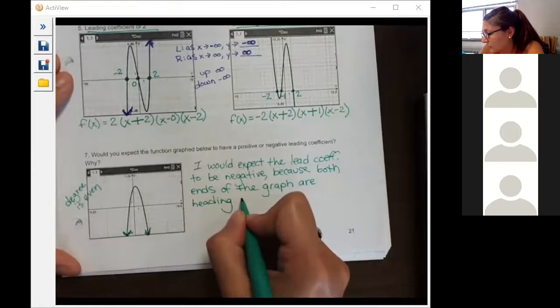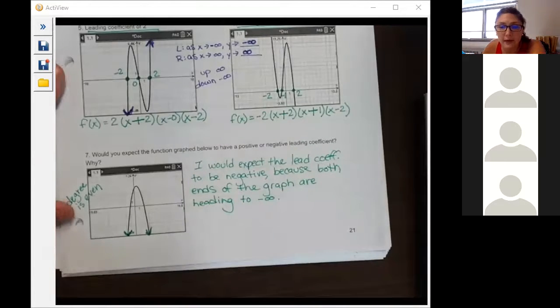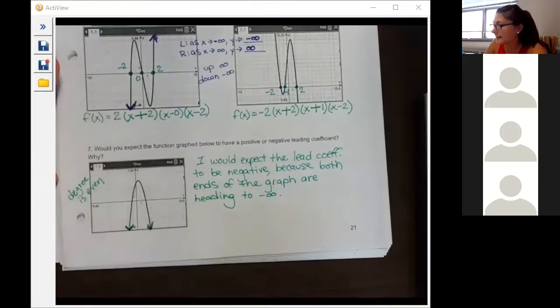Or we'll say heading to negative infinity. How about that? That's a little mathier, a little more precise.